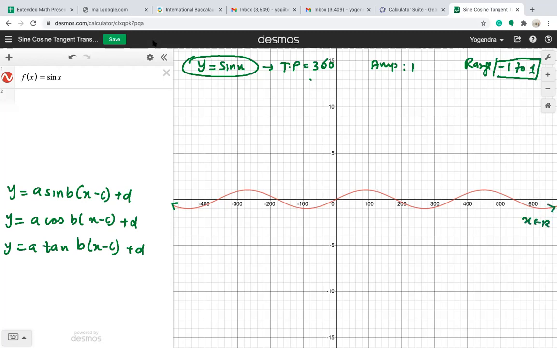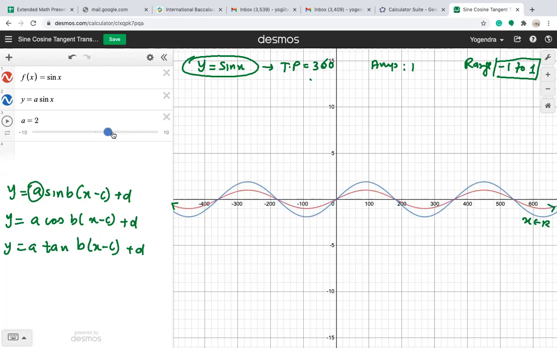Now let's begin the first transformation. I'm going to investigate the effect of a on the graph of sine. The first graph is sine x. I'm going to add a slider, y equals a sine x. When a is 1, it is the same original graph, of course.